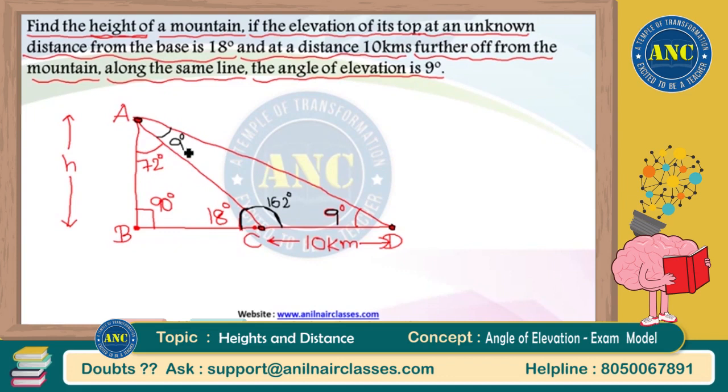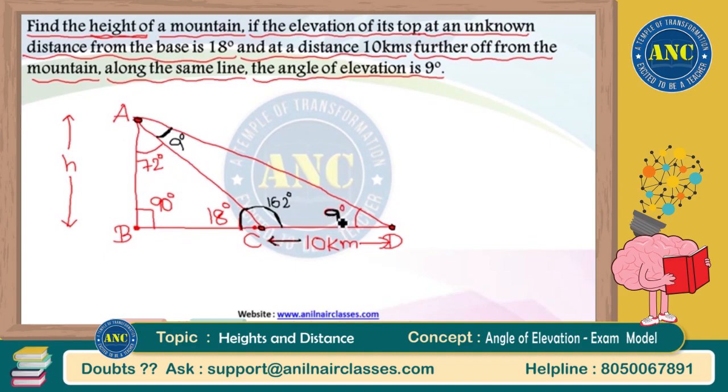Now, this is 9 degrees. This also is 9 degrees. That means it's an isosceles triangle. In an isosceles triangle, two angles will be equal. If two angles are equal, their opposite corresponding sides will also be equal. That means opposite to this 9 degrees, the side given is 10 kilometers.